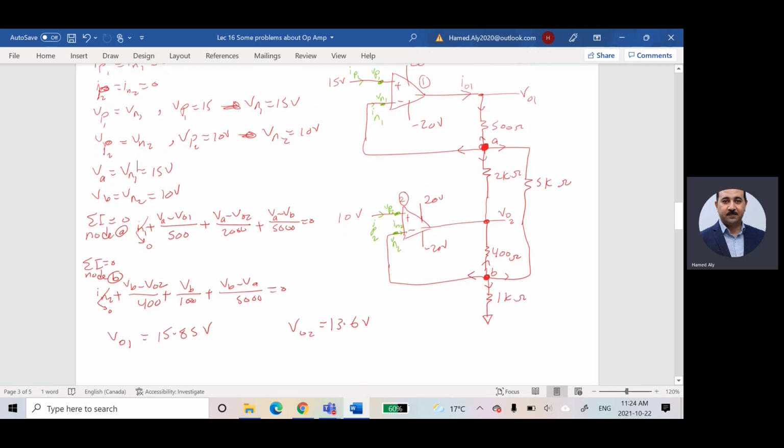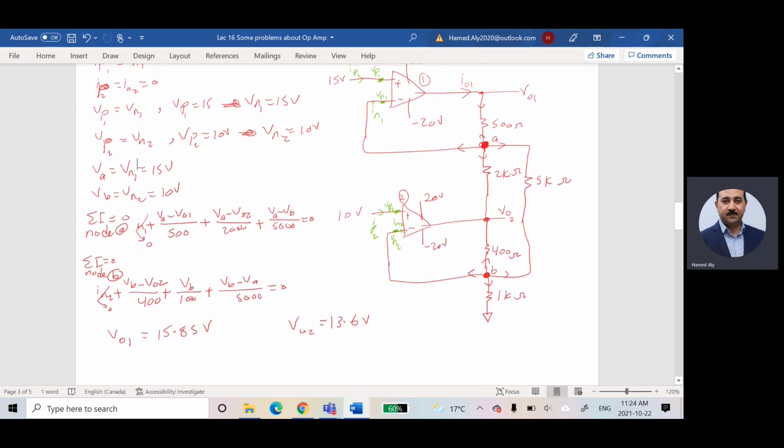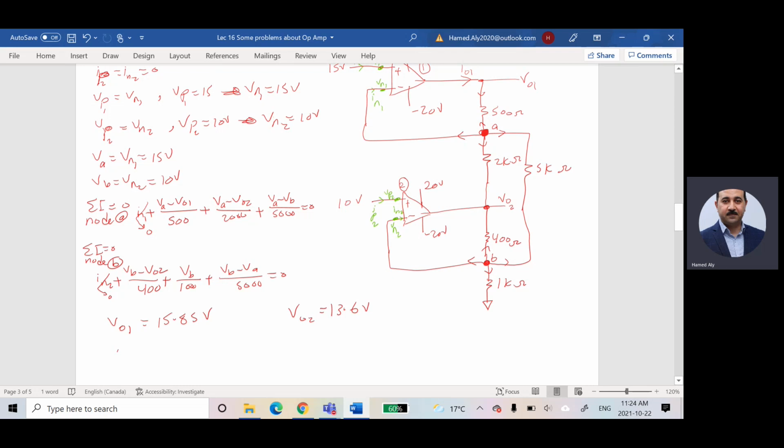So I can say IO1 is equal to VO1 minus VA divided by 500. If you try to calculate it, it is 17.5 milliampere. What about IO2? IO2 is this current.